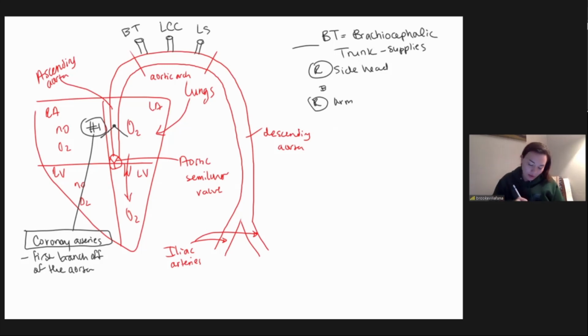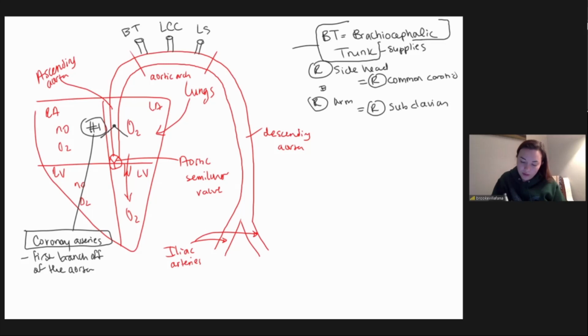It's going to branch into a right common carotid and a right subclavian. So the right side of the head is going to be the right common carotid. And then the right arm is going to be the right subclavian. So you need to know the name brachiocephalic trunk, and you need to know that it supplies the right common carotid and the right subclavian.